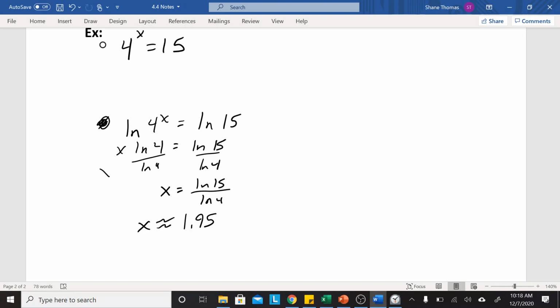All right. Now let's do one like this. I have 10 to the x equals 120,000. Now this guy has a base 10, so I don't want to apply the natural log to both sides. I want to apply the common log to both sides. So I got the log of 10 to the x is equal to the log of 120,000.